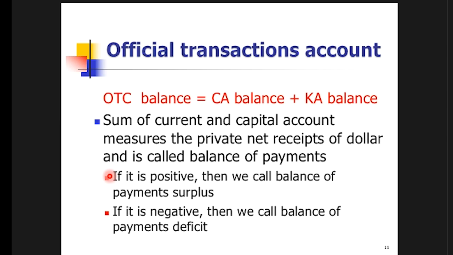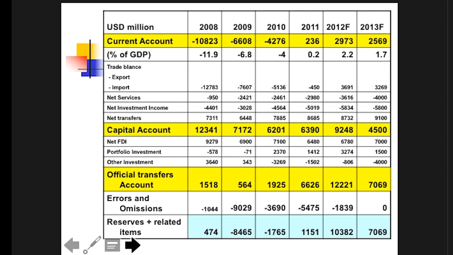If the value or the balance is positive, we say that this is a surplus of the balance of payments. If it is negative, we say that this is a deficit of the balance of payments. So if you look again at this example, we see that in the year 2008, we have a deficit in the current account and a surplus in the capital account.